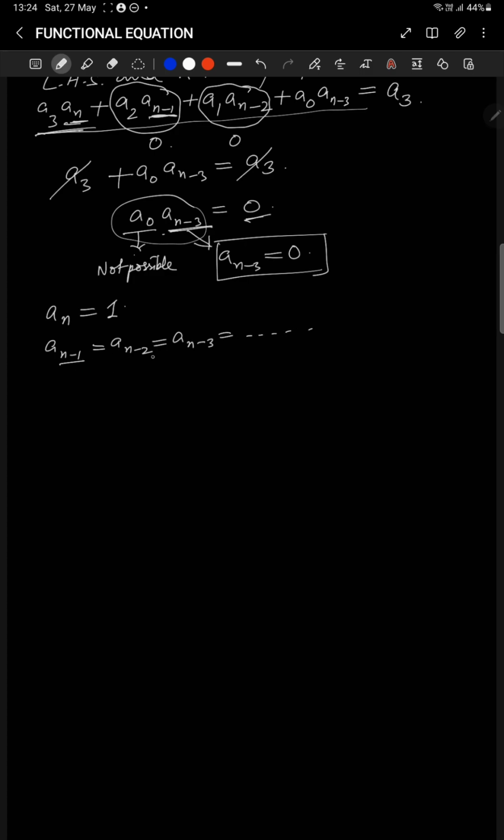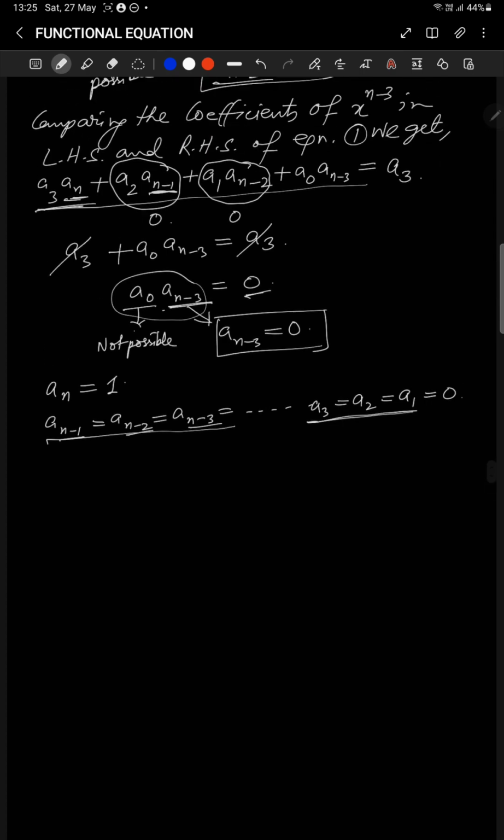We are finding that the subscript value keeps on reducing. So ultimately, do you think we will get a1, and prior to that a2, prior to that a3, and so on? And all these terms we have proved equal to 0. We can prove this also equal to 0. So all these terms will become 0.